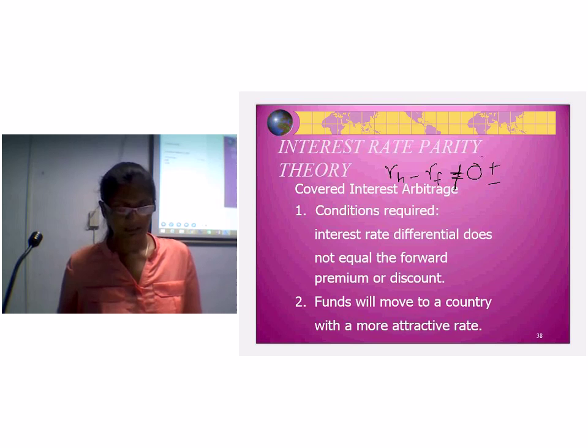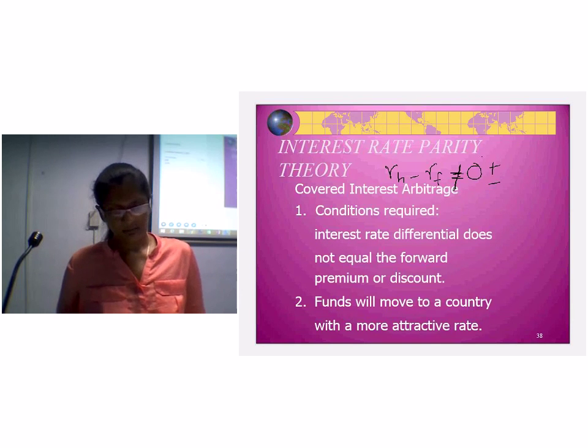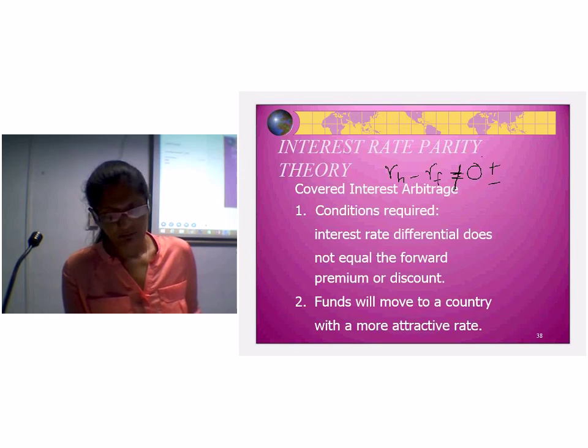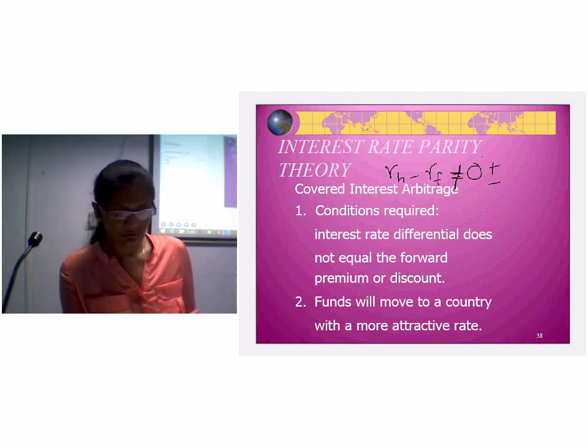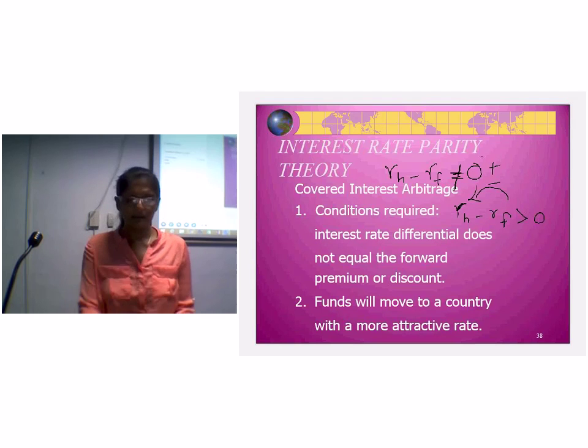So that means it will lead to money moving from one country to another, one market to another market, right? If the interest rate is high in the home country, the funds will be moving from the foreign country to the home country if this is not equal to 0. If RH minus RF is greater than 0, RH is higher, that means funds will be moving from the foreign country to the home country, right?